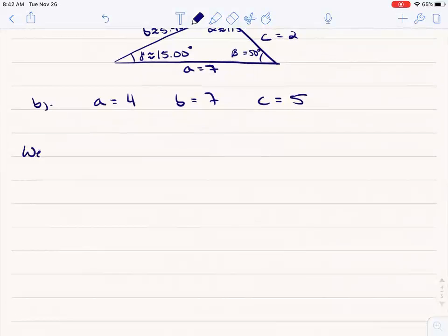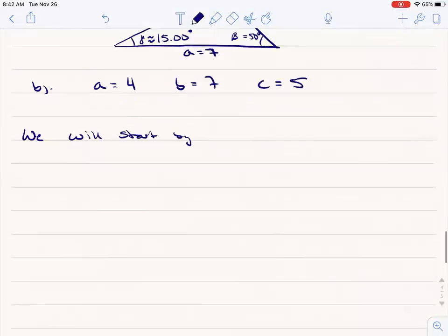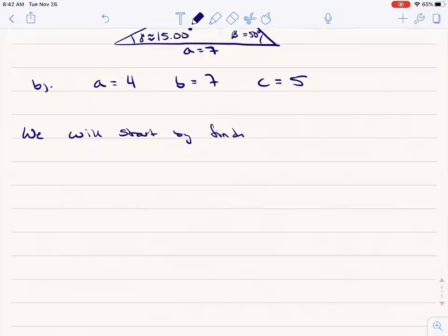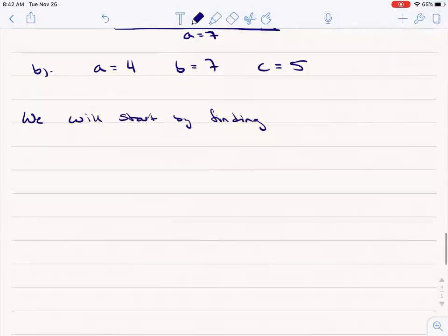So we will start by finding the largest angle. And then I'll put in brackets, this will be an obtuse angle, if there is one in this triangle. So it's going to be larger than 90 degrees if there is one.